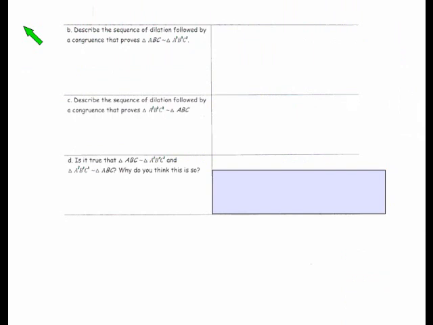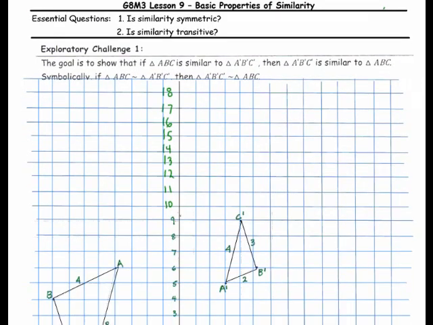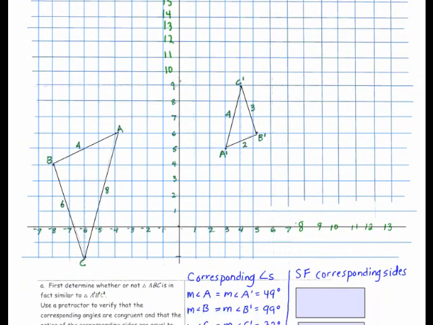Part B. Describe the sequence of dilation followed by a congruence that proves that triangle ABC is similar to A', B', C'. We'll need to dilate our triangle with a scale factor of 1/2, and then we'll use a congruence to map it over A', B', C'.